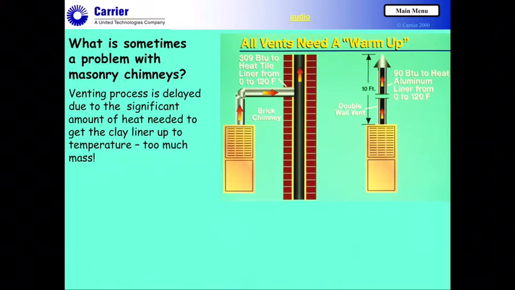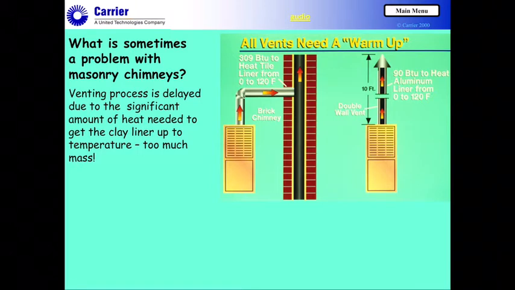So we're going to run into a lot of heat loss in this masonry liner. And there are some masonry chimneys that have no liner in them at all. That's a bad design, but you can run into older homes where you will have no chimney liner whatsoever, and that's where you may see an opportunity to add a liner.